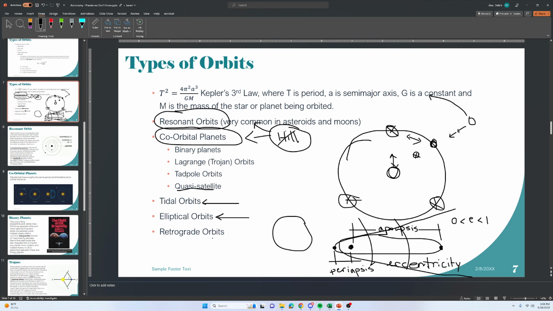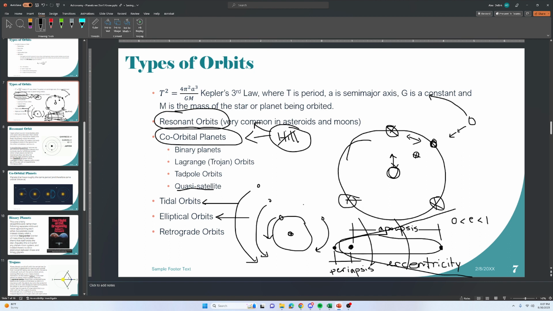Retrograde orbits. So all the planets in a solar system, because they form from the same stuff, they all generally orbit in the same direction. If you have a planet that's doing the opposite, it did not form in that solar system.